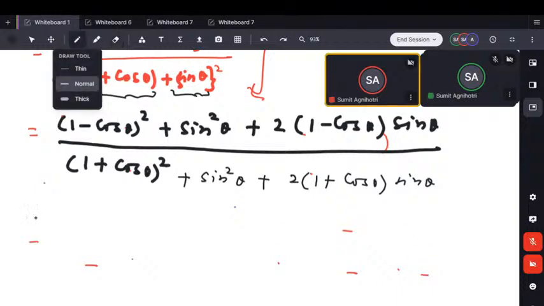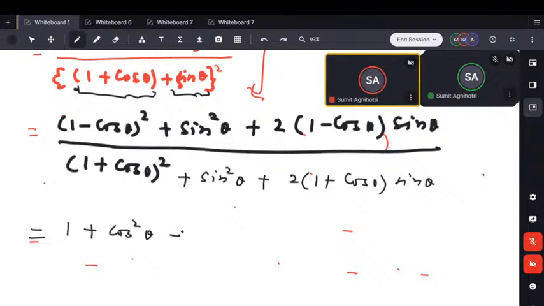Now again we will apply the same approach, x square plus y square minus 2xy, that is cos theta squared plus sine square theta, plus 2 times 1 minus cos theta times sin theta.